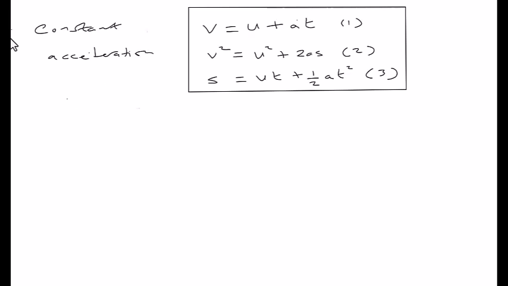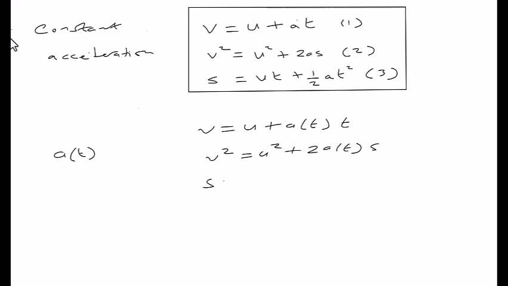But what we're interested in also is non-constant acceleration, which is where the acceleration varies with time, in which case the equation is essentially rewritten as a of t, and v squared is equal to u squared plus 2a of t s, and s is equal to ut plus 1/2 a of t squared.